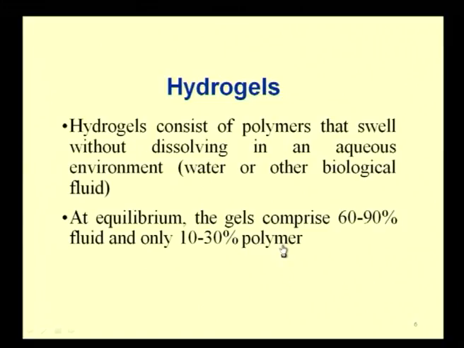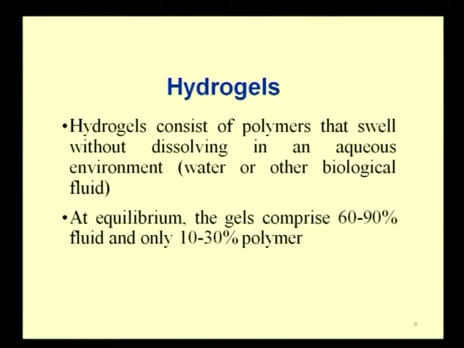That is, at the time of equilibrium, the hydrogel swells to such an extent that it is going to have by weight 60 to 90% of the fluid, that is water or the aqueous medium or the biological fluid that is going to come from the body, whereas only 10 to 30% of the weight is going to be due to the basic polymer or hydrogel material that is added. So, this is what is going to happen at the time of equilibrium.